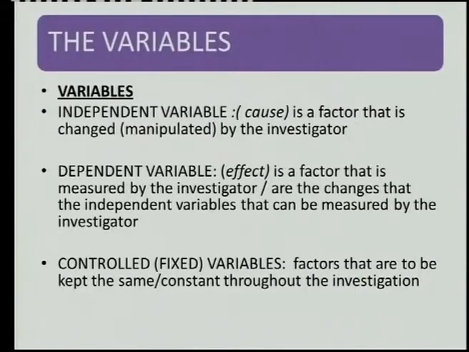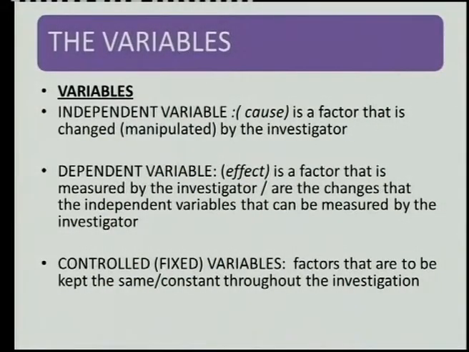Right. Once again, the variables, just to summarize: the independent variable is the cause. It's a factor that you can change, that you want to see what the influence of that factor is. The dependent variable is what you measure, what you look for, your results. And then the controlled or the fixed variables are those that you keep the same. Remember when I talked about the dissolving of the sugar?